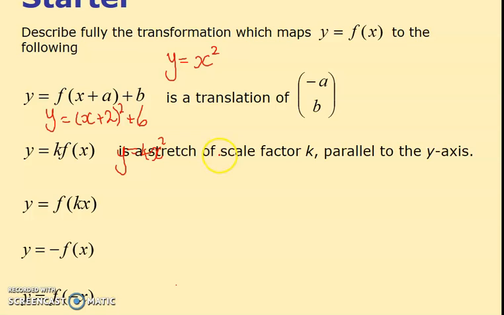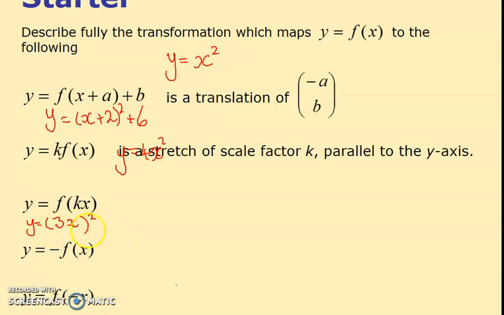This one here is the one I said was a stretch of scale factor k. Mine was a stretch of scale factor 4, a posh way of saying that it's parallel to the y-axis. The third one is where you have something like y equals, in brackets, 3x, all squared, where rather than x I substitute 3x.